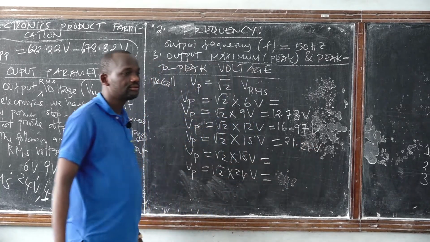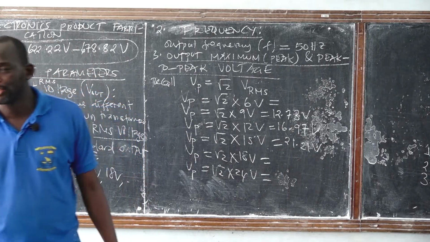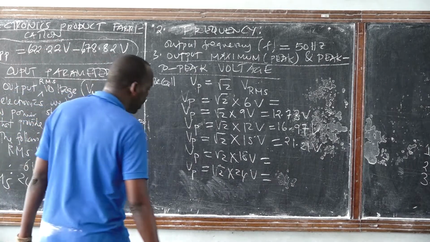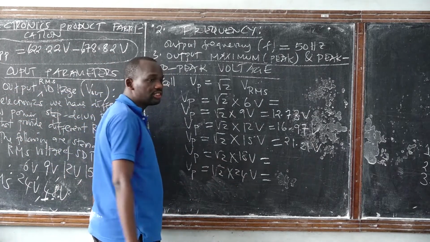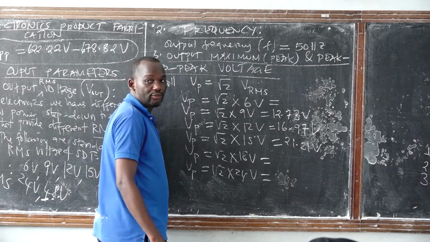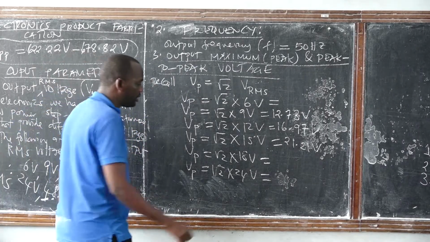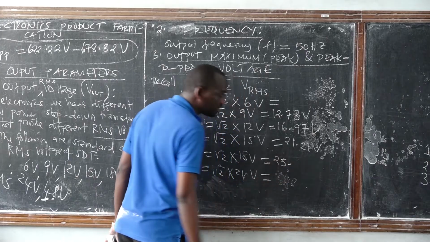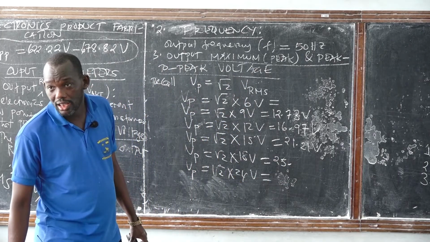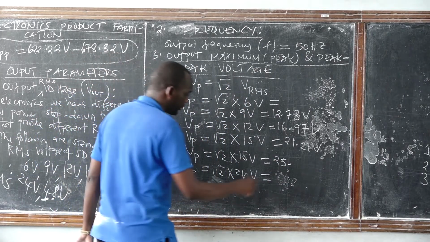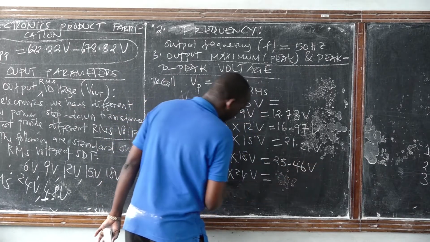This one is Brighton, square root of 2 times 18, which is 25.46 volt.